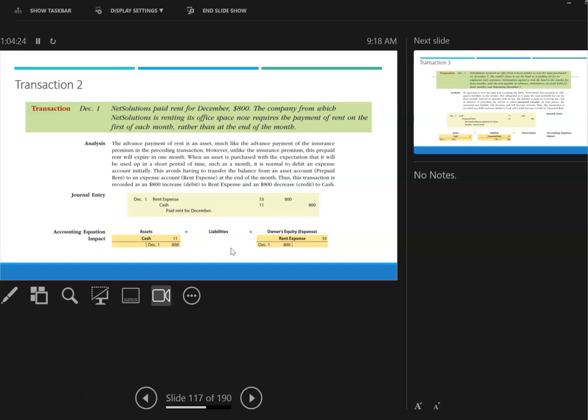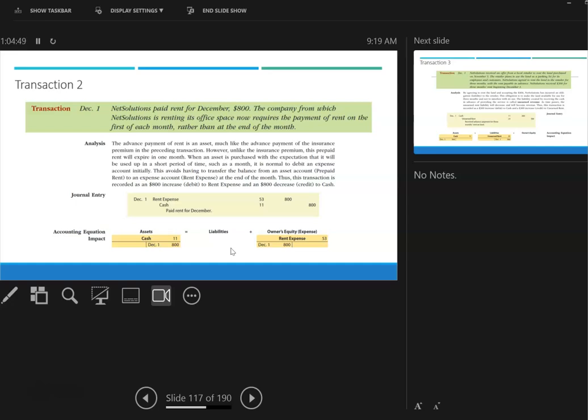So in this case, when Net Solutions pays rent in December for $800, we are going to show our journal entry of rent expense, $800. Then we credit our cash for $800. The rent expense account is 53.